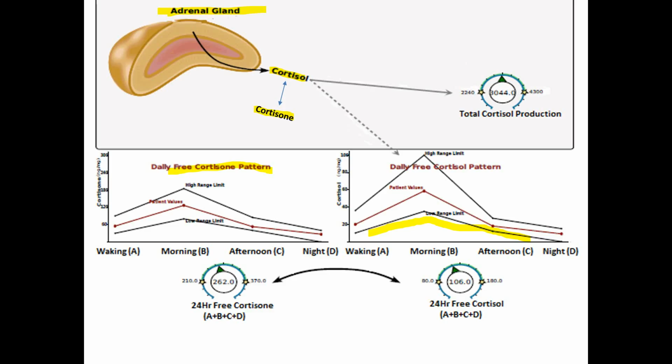But first, just a word about metabolism. So the free cortisol in its active form is going back and forth between active cortisol and inactive cortisone. And then they're both metabolized downstream to these cortisol and cortisone metabolites. So we call the total of that metabolized cortisol. And again, that's your best marker for total cortisol production.